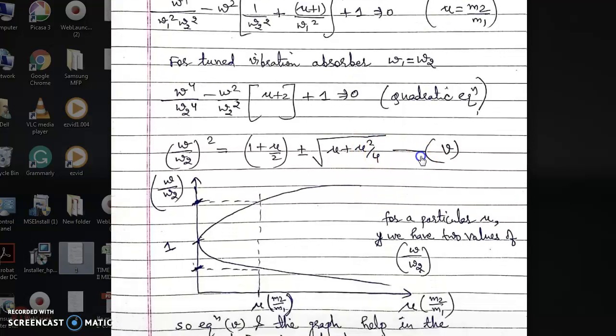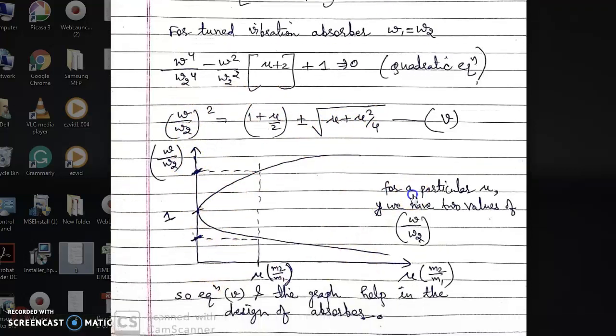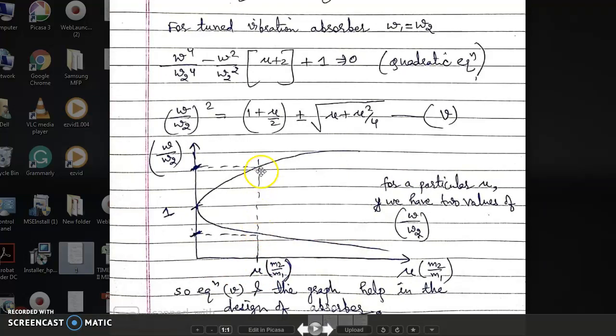Okay. Now if I draw omega upon omega 2 versus mu mass ratio, this kind of graph I will get from this equation. Equation 5 I'm drawing on the graph. This kind of graph I will get. What I'm getting for a particular mass ratio, I'm getting two frequencies.